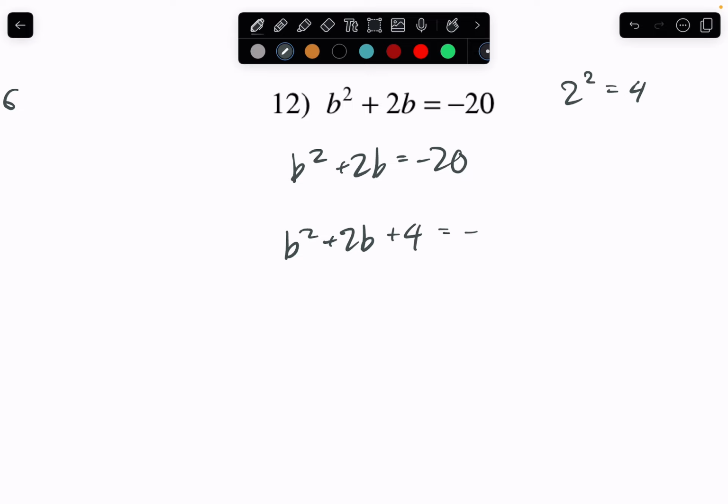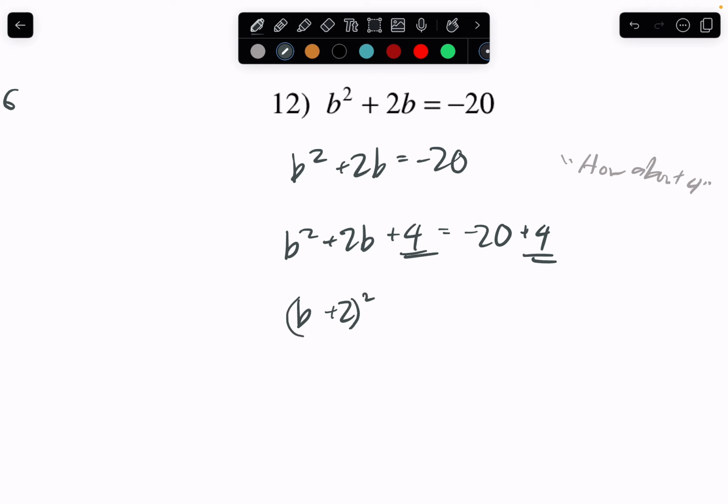How about 4? No. How about 2? It wouldn't work either. How about 1? Should work. Okay, and then negative 19.